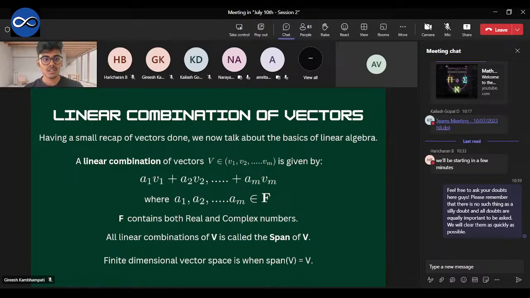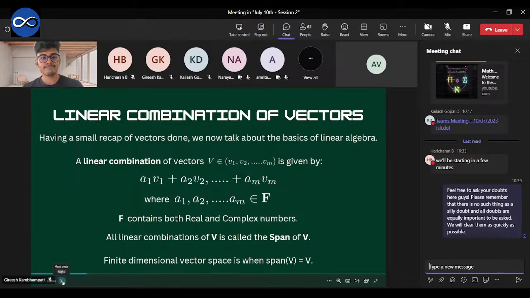So that was the span. Any doubts in span? It's all the possible linear combinations you can find for v. It can be infinite. It can be finite as well. We'll come to the examples. So that is span. You have finite dimensional vector spaces where the span of v is just v.